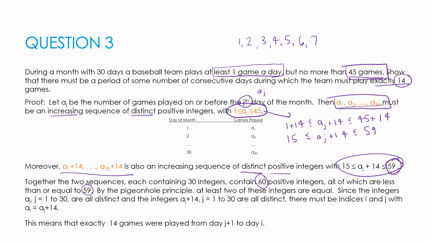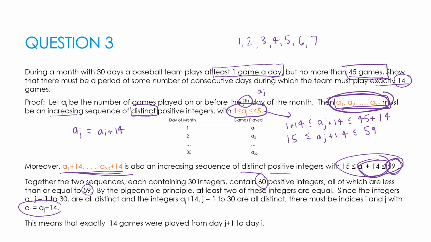So the pigeonhole principle says at least 2 of these integers are equal to one another. Well, I know that none of these are equal to one another, and none of these are equal to one another, so essentially something from here, which we're calling A sub j, must be equal to something from here, which we're calling A sub, well, let's change the index because it can't be j again, plus 14.